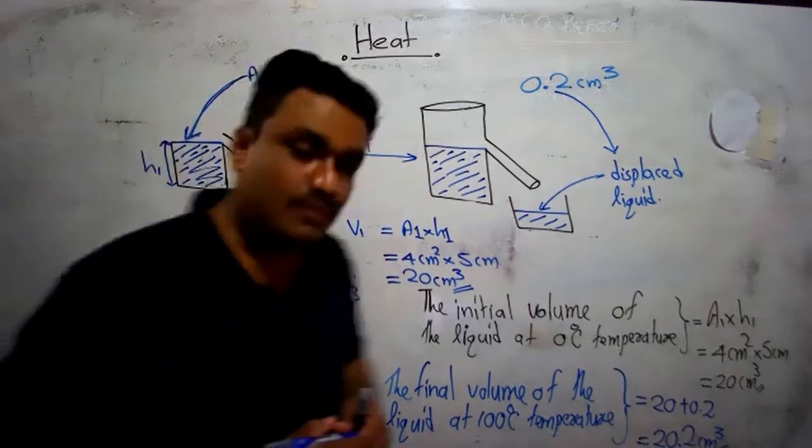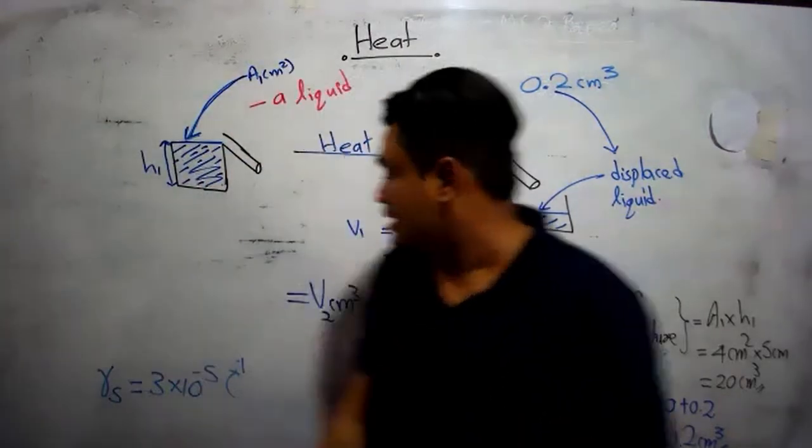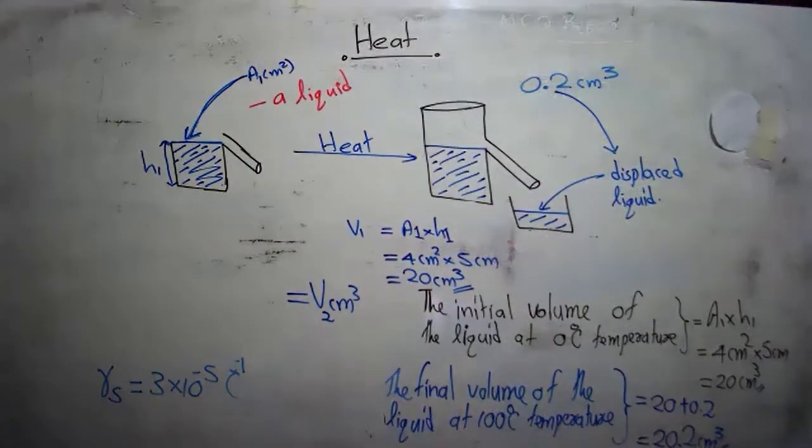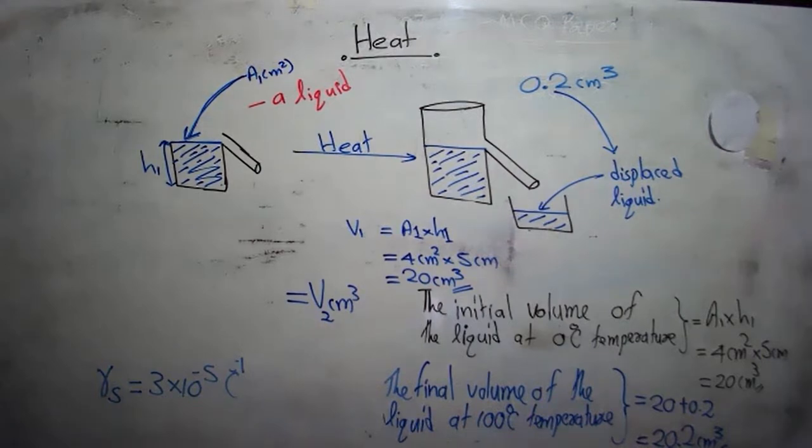So what are the two statements that we have written here? Somebody please unmute the mic and read the two statements that we have written as V1, V2. Initial volume of the section of the vessel which contains the liquid V1 equals A1 into H1.